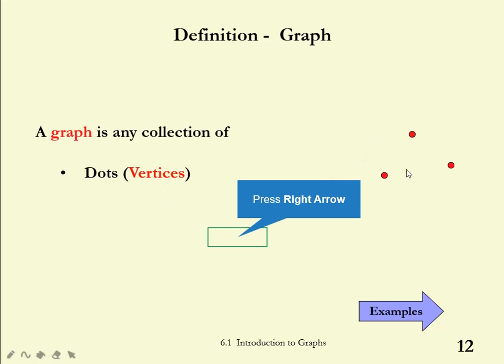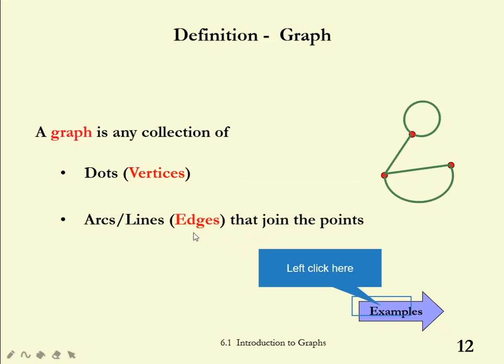These dots are vertices, remember, we call them the vertices of the graph, as well as an arc or line or an edge that joins these points.